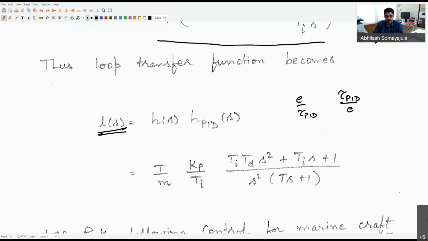Okay, so what we have looked at so far is basically a heading autopilot, where we have looked at a guidance system for a heading autopilot, which takes as an input a reference value from the operator, and gives out a desired heading angle.